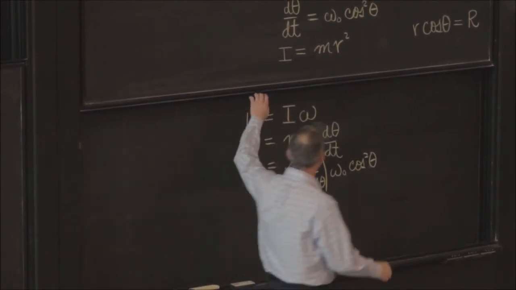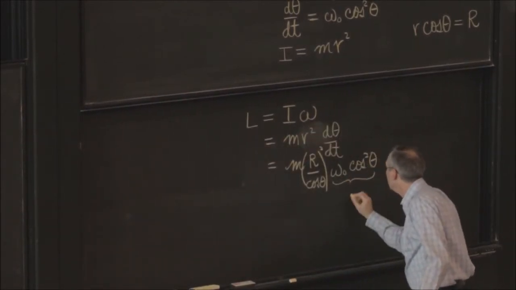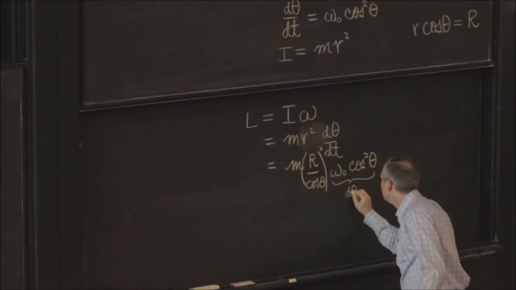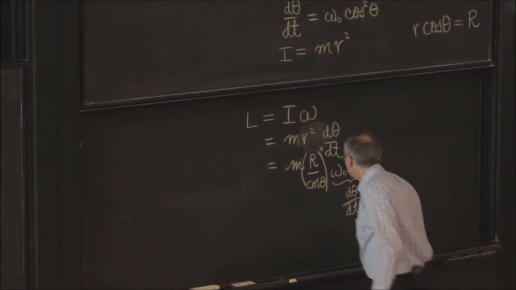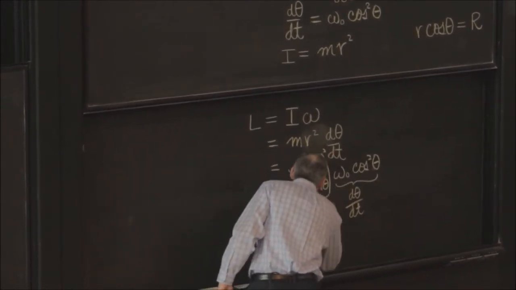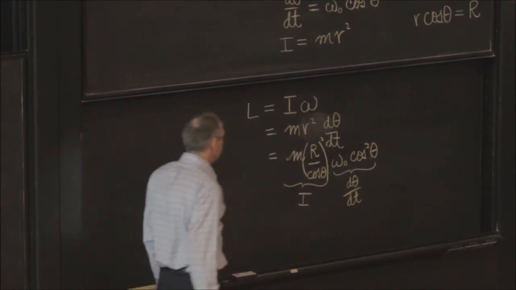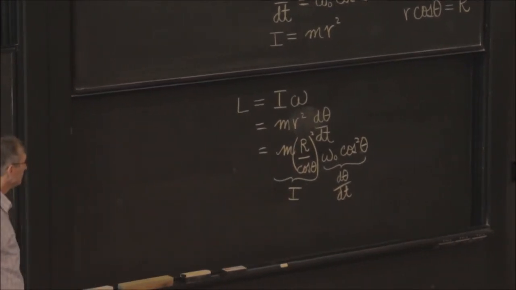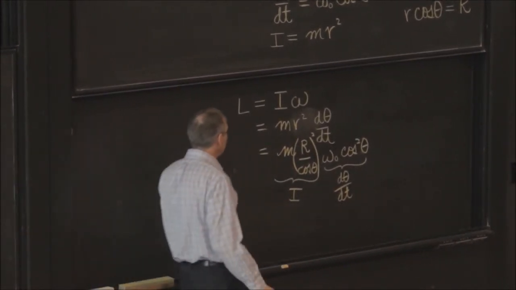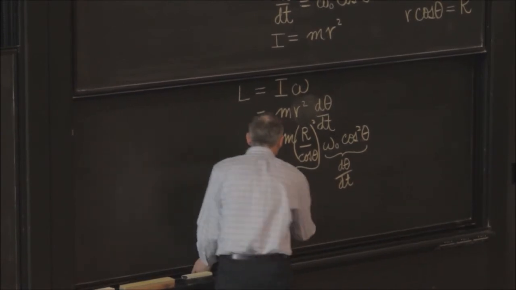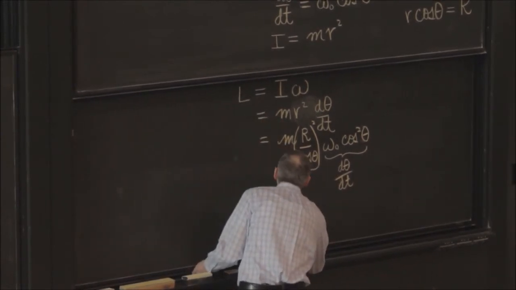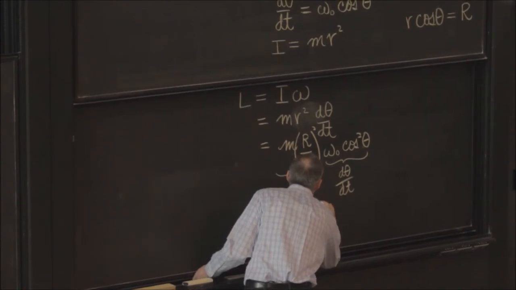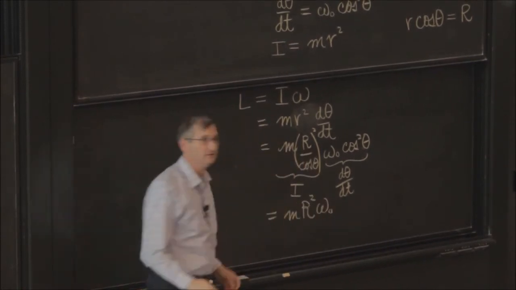Because this part is d theta dt, and this part is I. So the cosine squareds go out, and I'm left with m R squared omega naught.